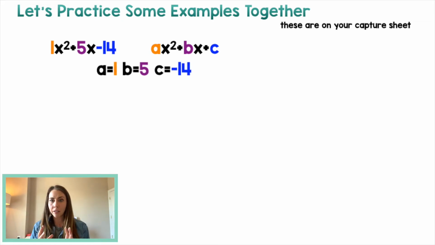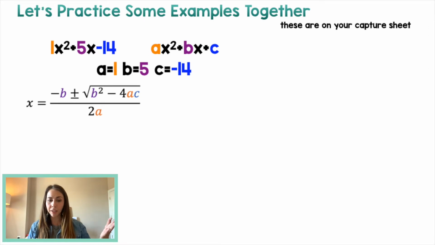So in the boxes on your capture sheet, you're going to fill in a is 1, b is 5, c is -14. And we're going to plug those into our quadratic formula. So a goes in for a, b goes in for b, c goes in for c. When you replace them, use parentheses when you put each value in. You can pause the video now and fill that in.